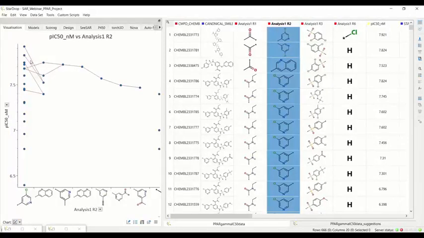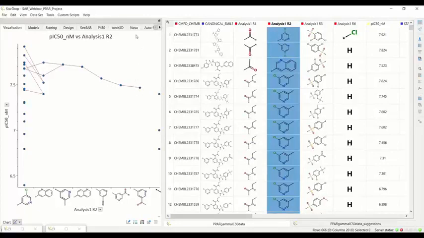But it illustrates that you can illustrate the effects of changing R groups on a particular scaffold using the R group decomposition and the customization of lines to join those which have the same elsewhere. So these are the general SAR interpretation tools that we have within StarDrop.